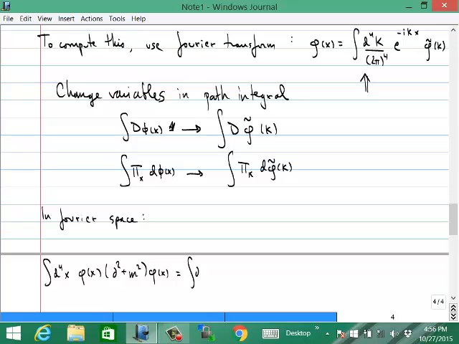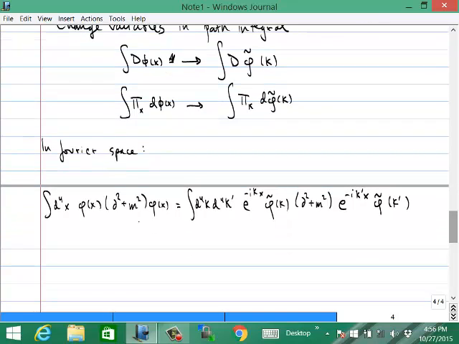So that's now an integral d4k, integral d4k prime, where I've introduced two Fourier variables k and k prime, of e to the minus ikx times phi tilde of k, and then d squared plus m squared acting on e to the minus ik prime x times phi tilde of k prime. And then there was an integral d4x.